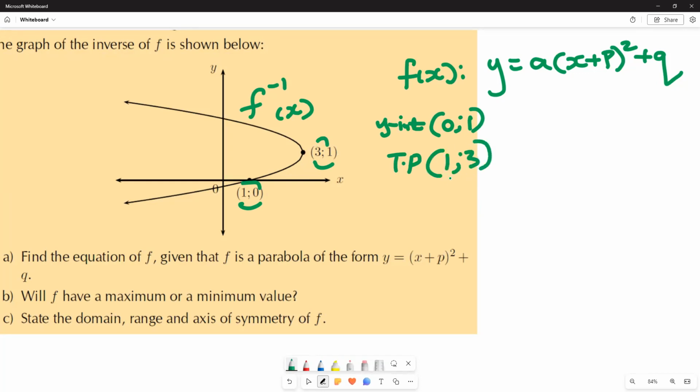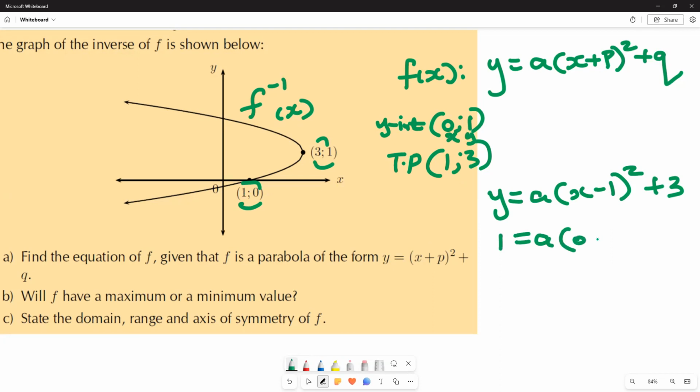Yeah? Once we have that, we can easily find the equation. Let's see. We are going to have y equals a(x, remember the x value switches, so if it's positive, it becomes minus 1) squared plus 3. Right. And then to get a, we need to substitute a point. So we're going to substitute x is 0 and y is 1. So 1 equals a(0 minus 1) squared plus 3.